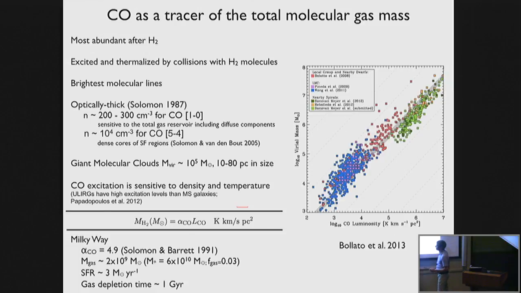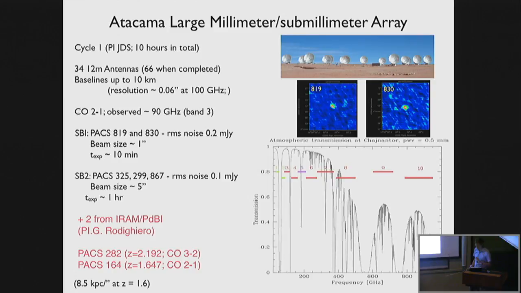But what we're going to have to do is use this conversion factor of going from a luminosity in CO to a mass. There's a lot of contention as to what these alpha CO values are. We're getting consistent results.